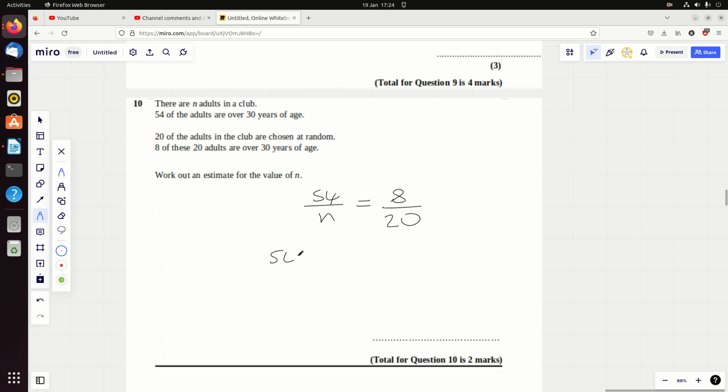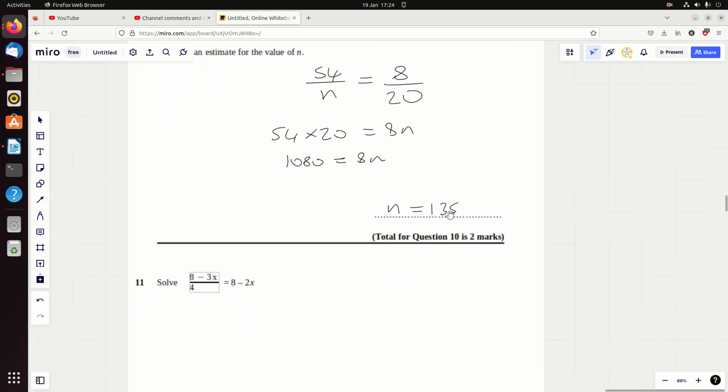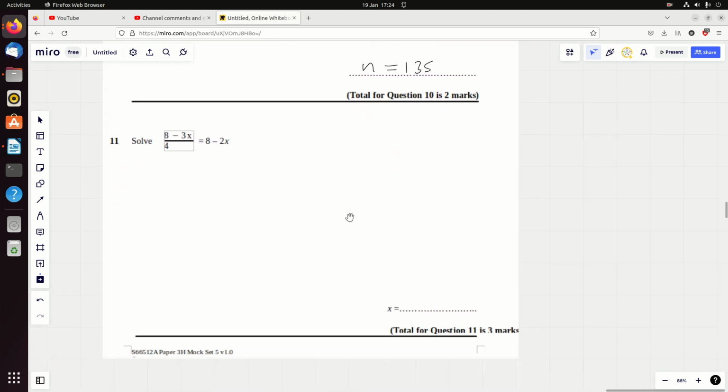Then we can just do 54 times 20 equals 8 times n. And therefore we've got 1,000 and, what is that? 54 times 10 is 540, so that's 1,080 equals 8n. And therefore you're going to have n equals 135, I think. Is that right? That does seem right to me, yeah. Cool. Because you're going to have 800 plus 240 and then plus 40. Yeah, cool.